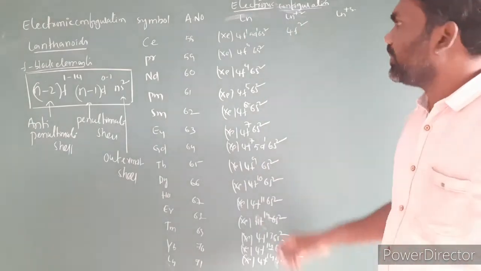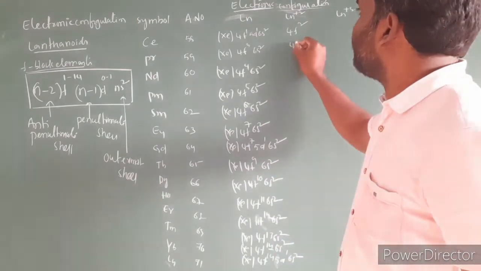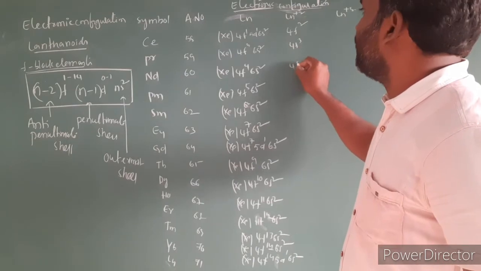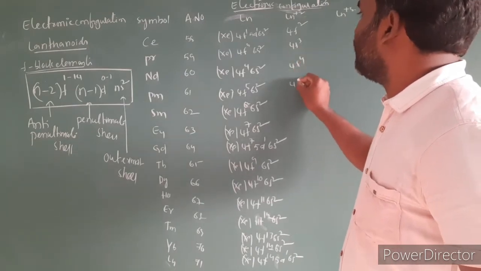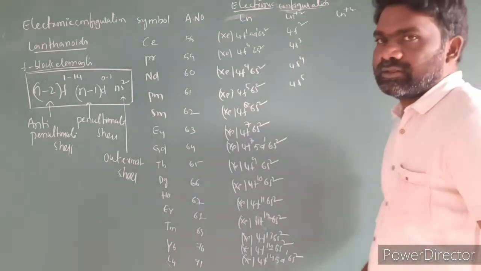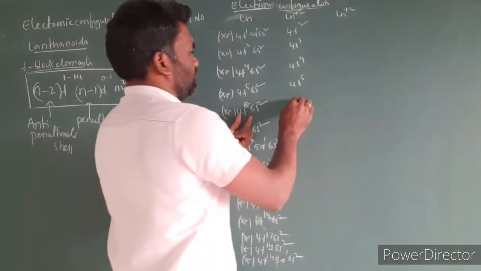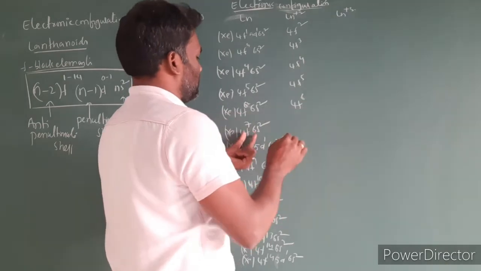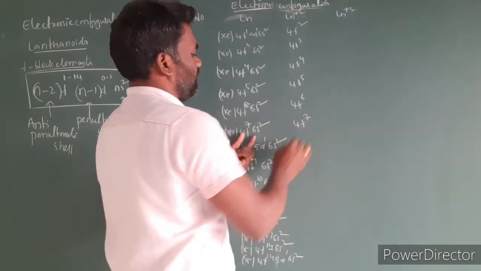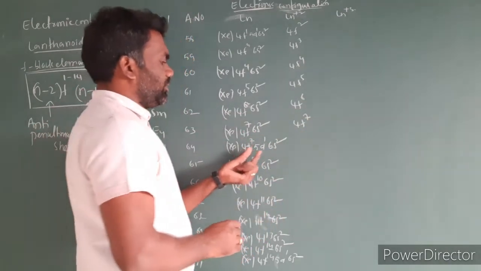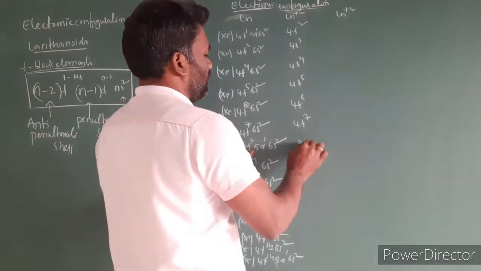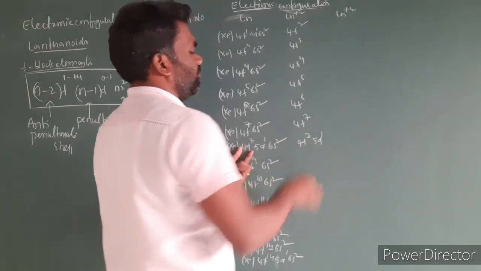Then 4f3, then 4f4, then 4f5, 4f6, and 4f7. Here we have to remove electrons, and this will become 4f7, 5d1.